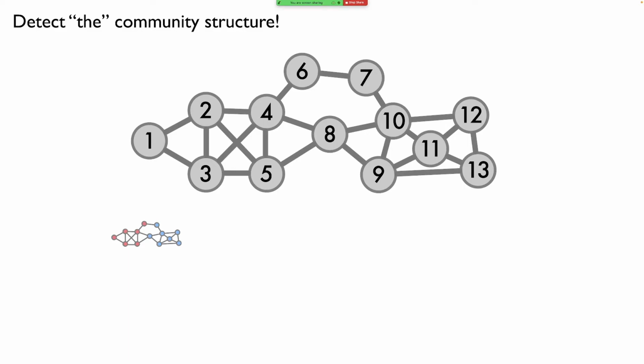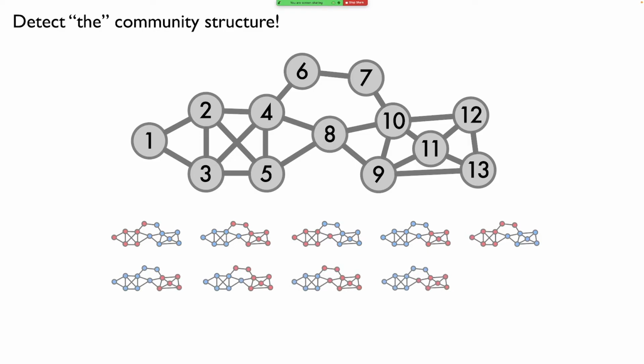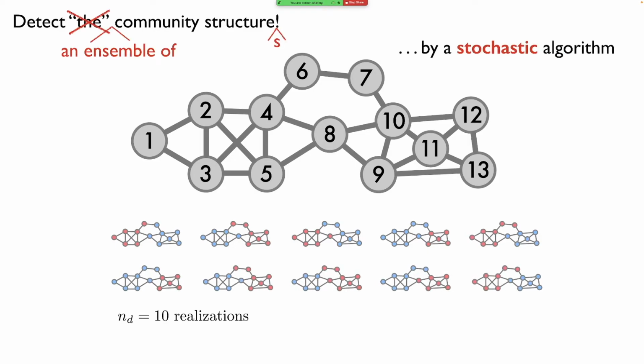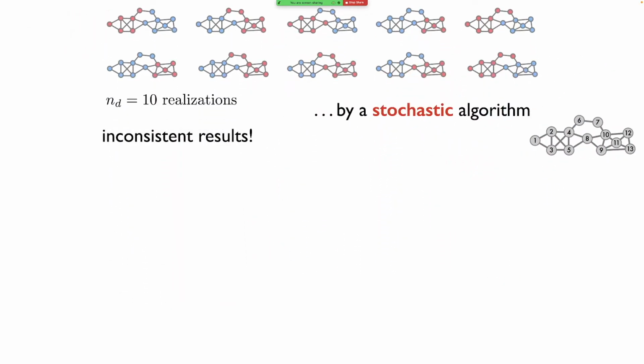Well, that's it. This is a community structure, and you may think that you can start to write a paper. But unfortunately, if you run this code again and again, you will get these results. In other words, you will end up with an ensemble of community structures, not a single one, by a stochastic algorithm. So the issue here is the inconsistency of the result.